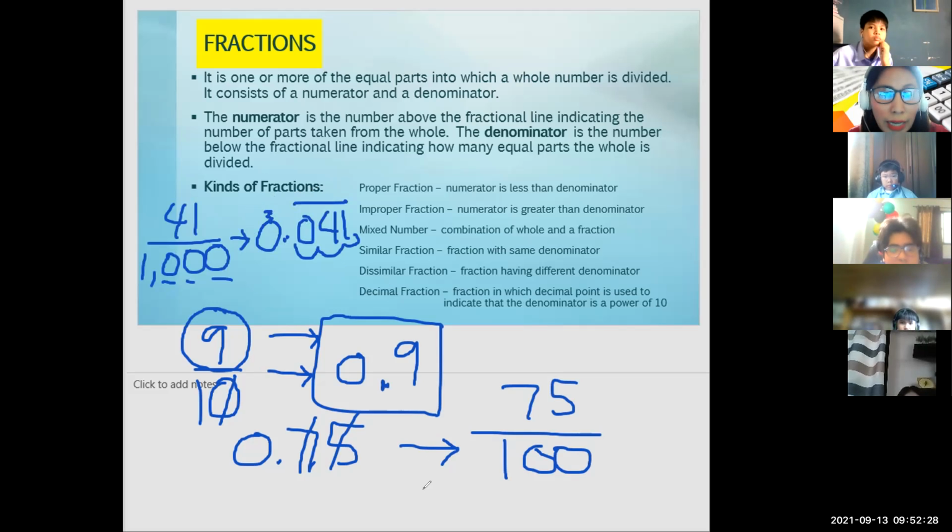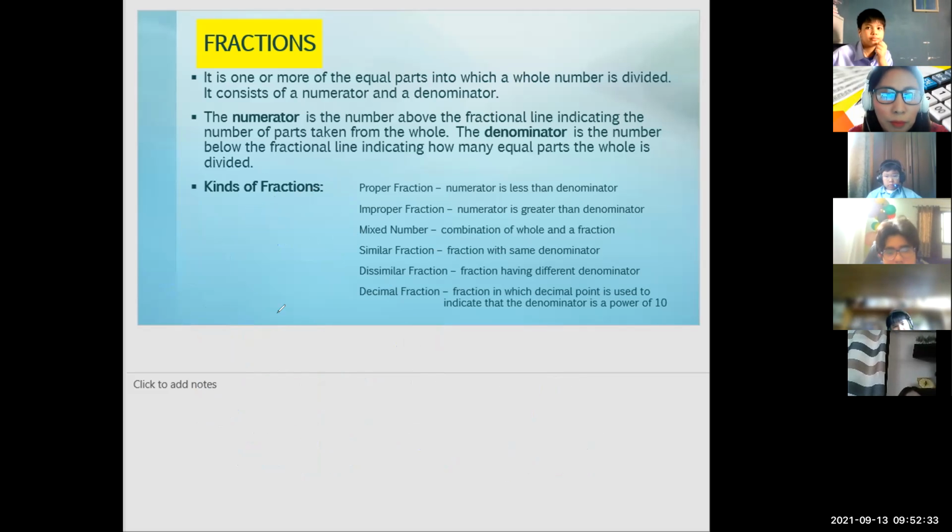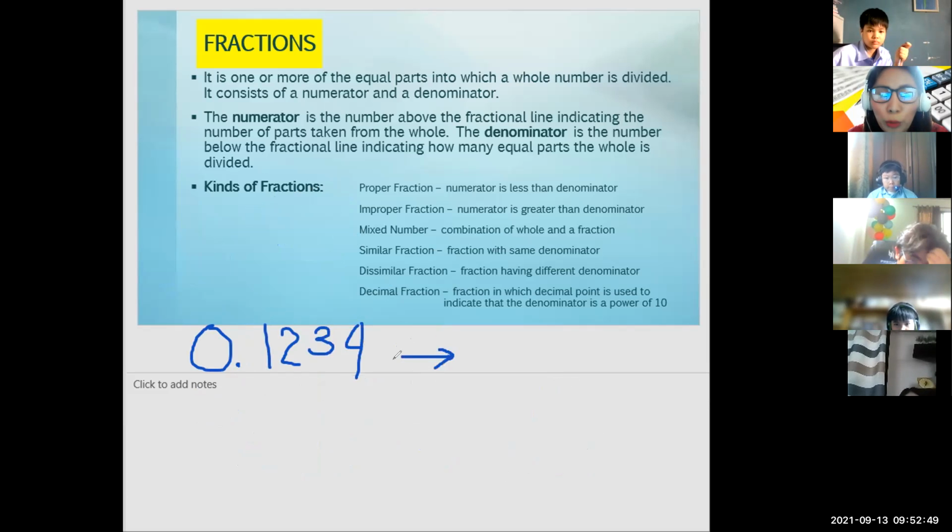Okay. Another example. I will give you another example. How are we going to convert this one to a fraction?